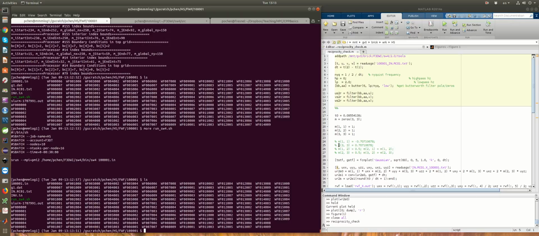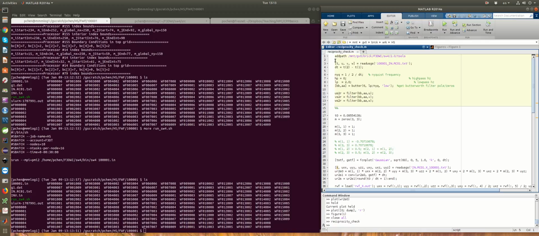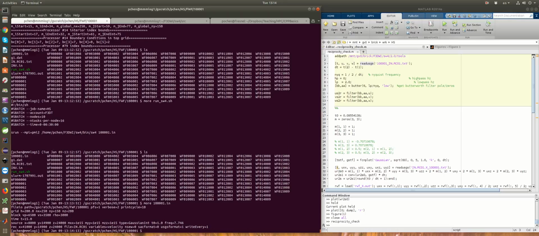Right, so I have a MATLAB script here. This read USGS function is provided by SW4. It's a MATLAB script for me to read these output files created by SW4, the synthetic waveforms. The reason I'm using read USGS is because here I'm using USGS format equals to 1.